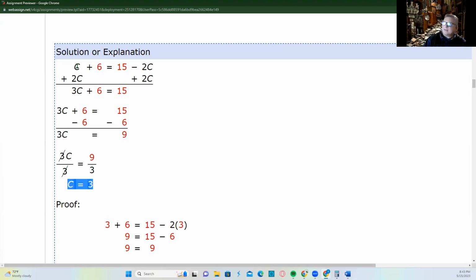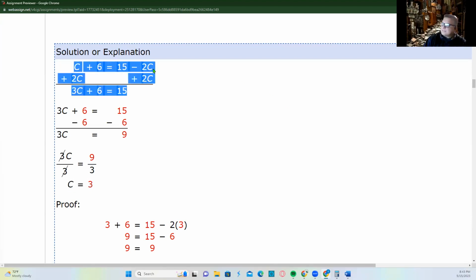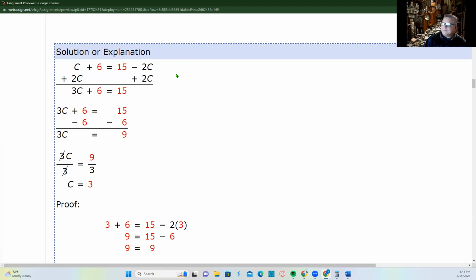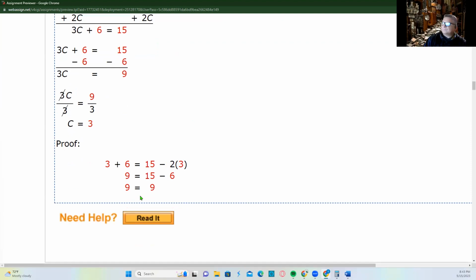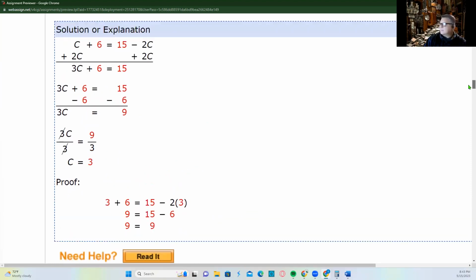And then I go back to my original equation with the C's on each side and see if I can get it to balance. So wherever I see a C, I put a 3 in. Yeah, that looks better. So it's 3 plus 6 is equal to 15 minus 2 times 3. Now, once again, we go back to our order of operations.